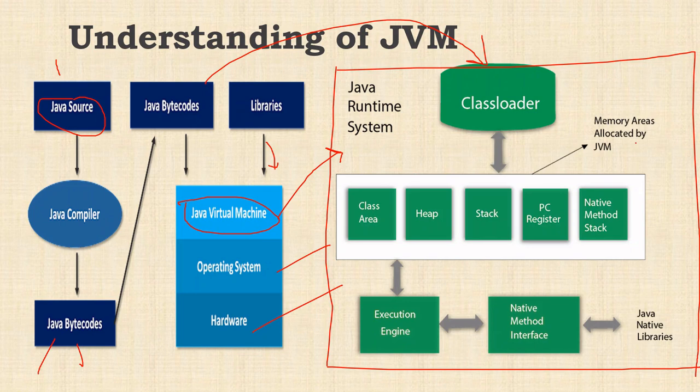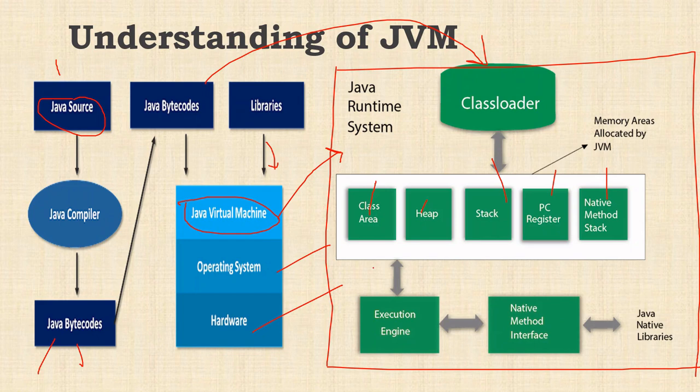And for memory management, we have memory areas allocated by JVM. We have the method area, heap, stack, PC register, and native method stack. So this is the architecture of memory management.